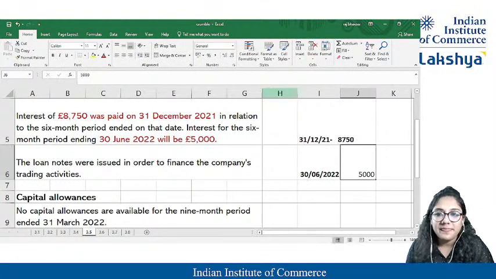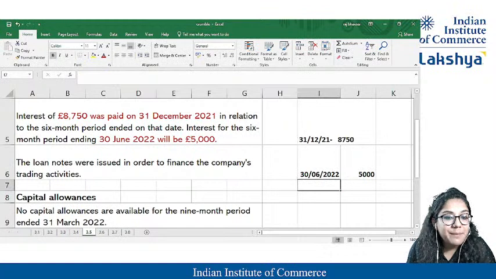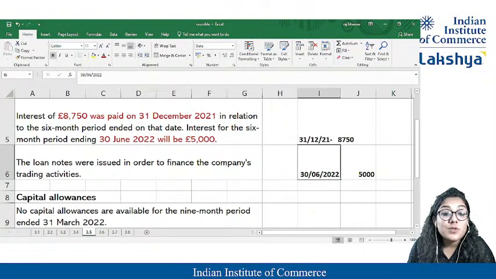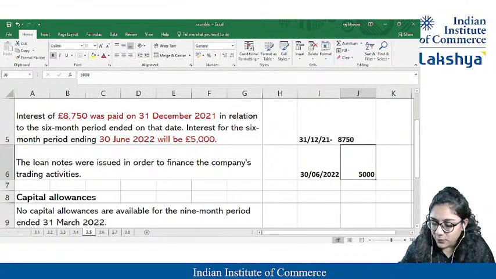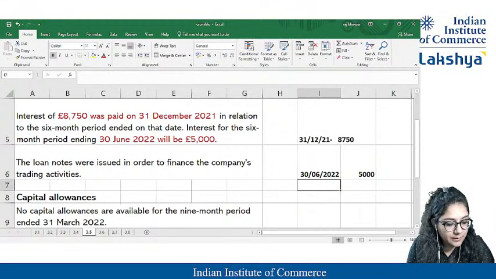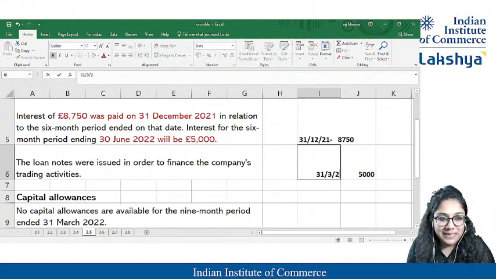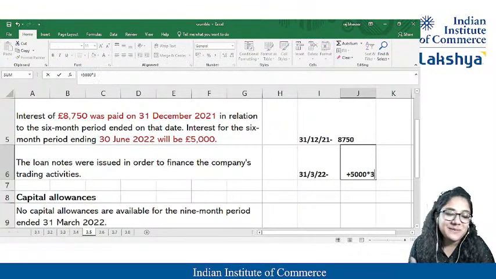Guys, tell me one thing. Ma'am, I am liable till which date? Ma'am, my year ends on 31st March. Only 3 months. So why will I take for 6 months? Now what I can do is, till 31st March 22, I would have calculated 5000 into 3 by 6, isn't it?